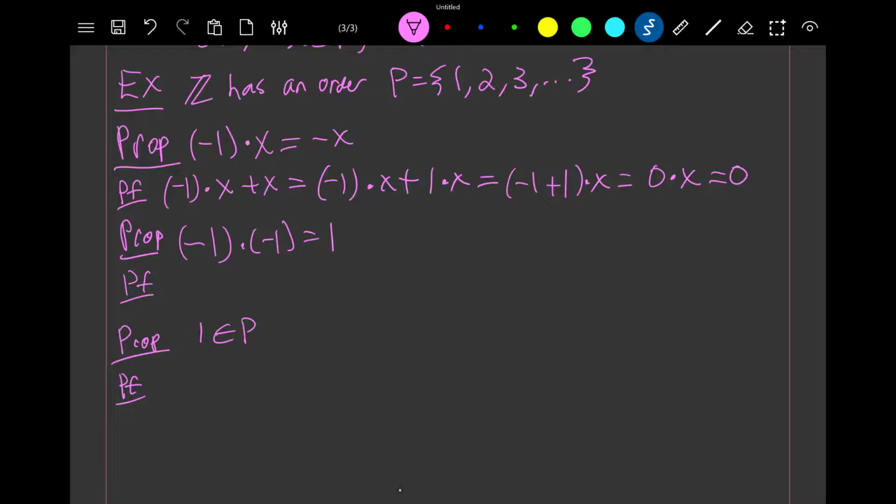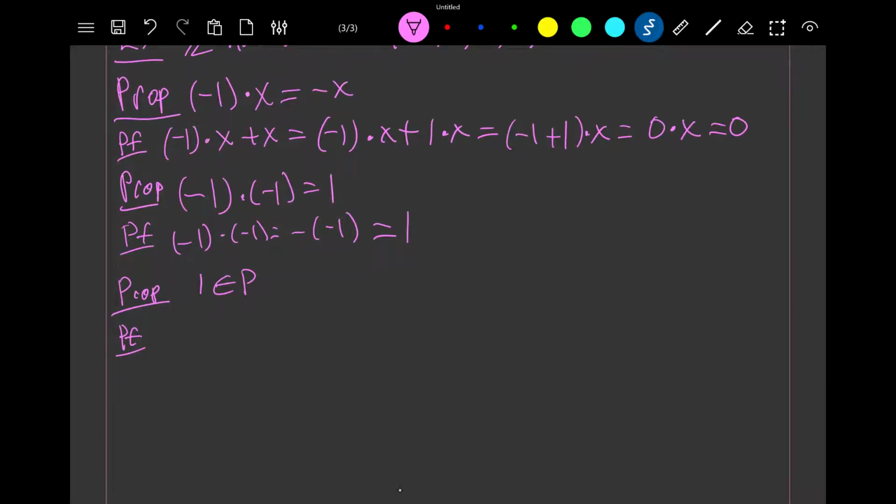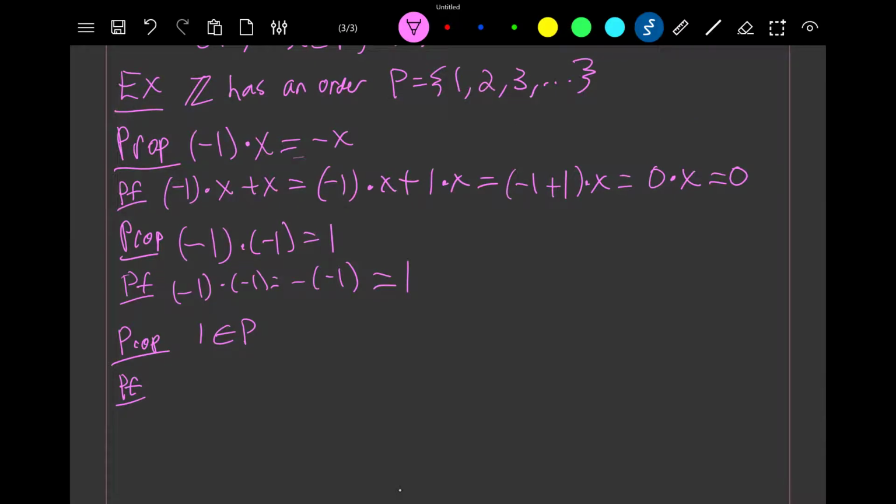The proof is, well, -1 times -1 is equal to -(-1). So what is the unique element that when you add to -1 gives you 0? It is 1. So yeah, this just follows pretty much directly from this up here.